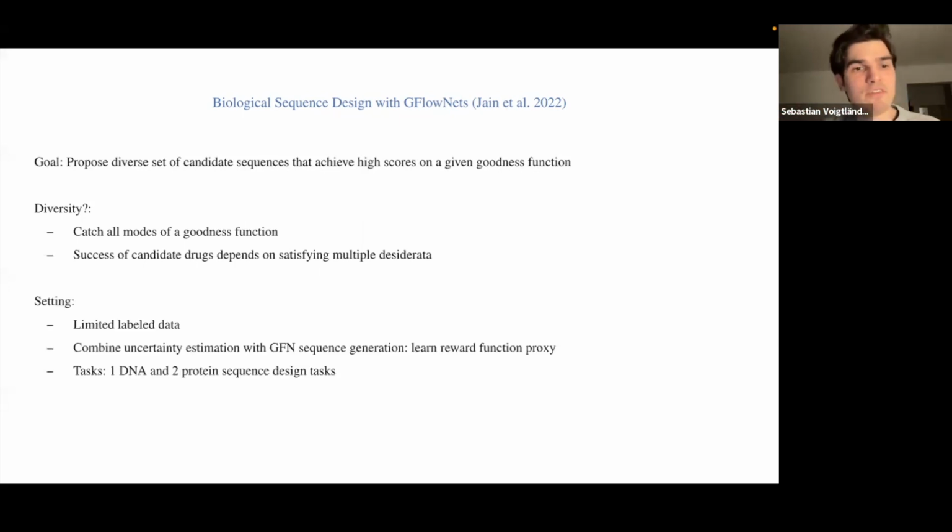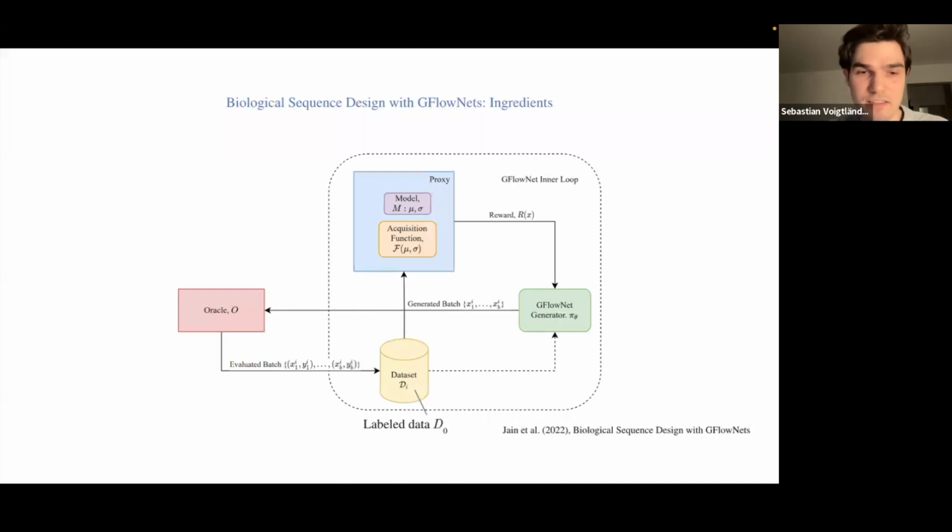The setting now is that you have limited labeled data, and you also want to combine uncertainty estimation in order to encourage exploration with the sequence generation to catch the high goodness function value modes. And from that, you're going to get a reward function proxy and try to learn these biological sequence design tasks.